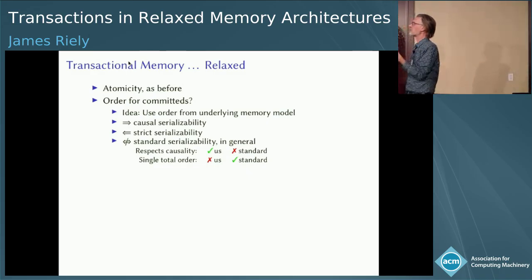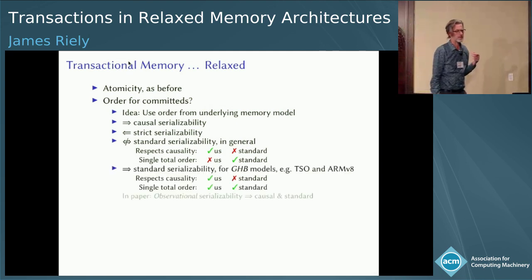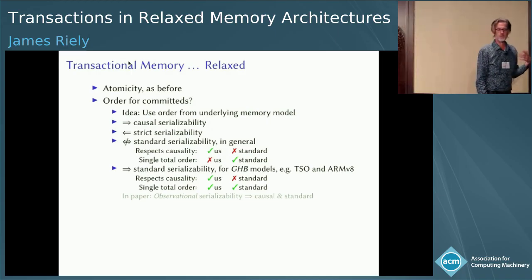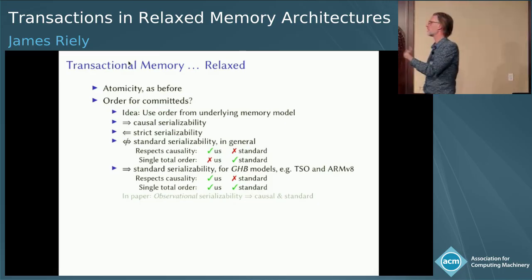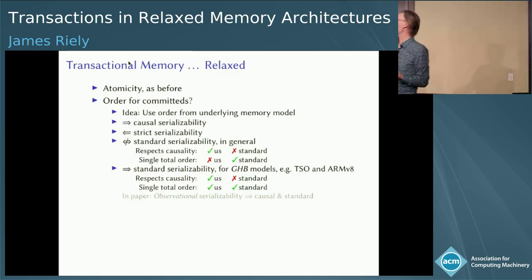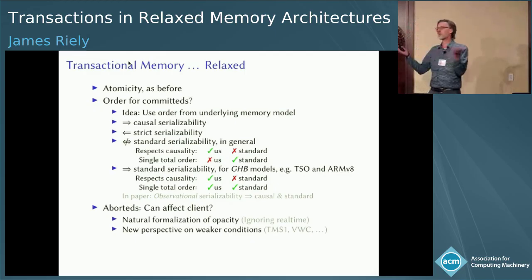So one of the things we are interested in is in what circumstances could we get a total order? And it turns out that that happens for free for models such as those that will be discussed in the next talk, which have a global happens before or are multi-copy atomic. I'll call them GHB models. And in that case, we actually get this kind of nice total order.